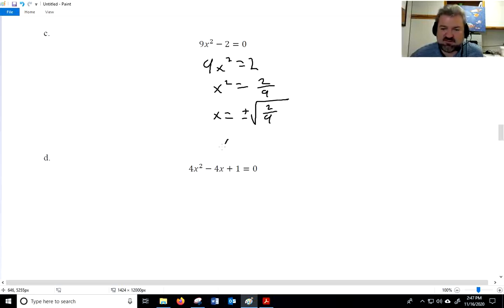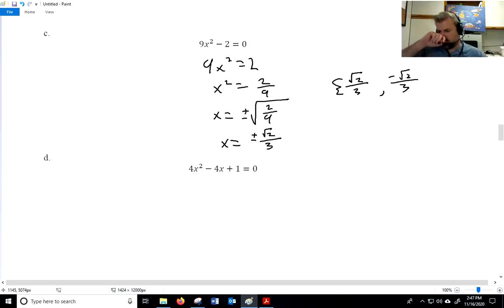And remember, we take the square root of a fraction by square rooting the top, which I can't square root 2, so it's just root 2, over the square root of 9, which is 3. So I get positive square root of 2 over 3 and negative the square root of 2 over 3. And be careful to make sure it's clear that the over 3 is not inside the radical.